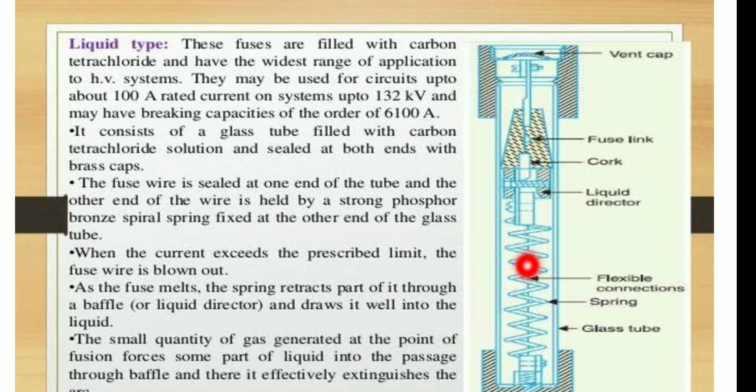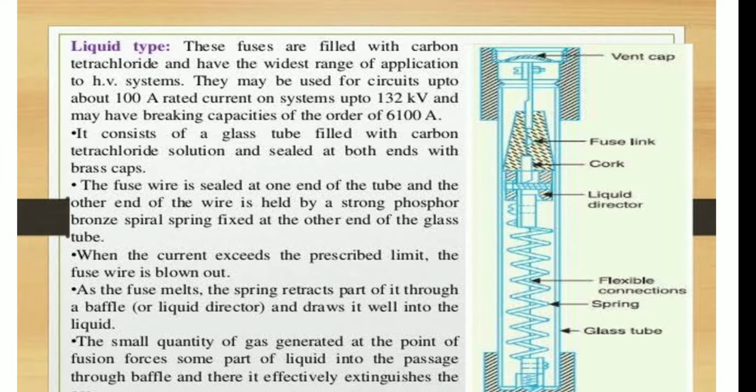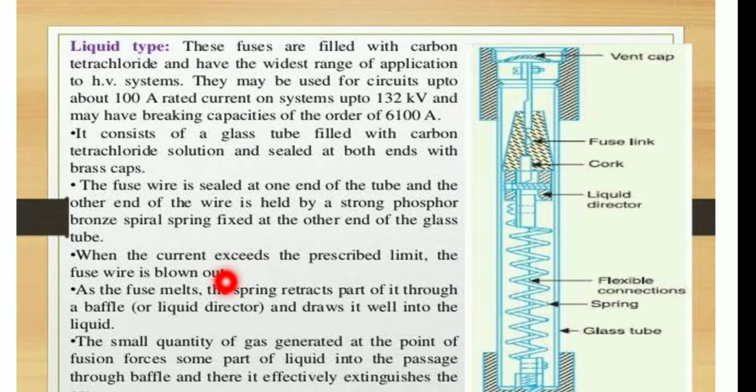Getting my point? When, due to any fault condition, the current exceeds the prescribed limit, then the fuse wire is going to blow out completely. Once the fuse wire melts, what will happen? The spring retracts, nothing but compresses, pulling the part through a baffle. Baffle is nothing but a liquid director. Which liquid is there? Carbon tetrachloride, and it draws it well into the liquid.